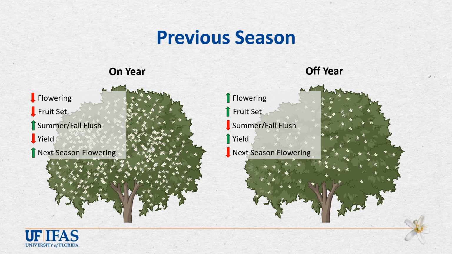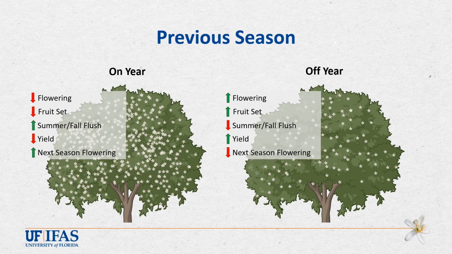Once the new season starts, the trees flip. The tree finishing up its off year now begins its on year. The off-year tree was better able to accumulate a reserve of carbohydrates for the new season, resulting in much higher flowering for the new season. This is due in part to the lower fruit load requiring less carbohydrate investment and the increase in summer and fall flush that increases the leaf area available to photosynthesize.